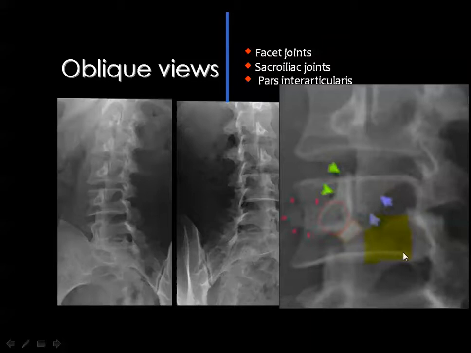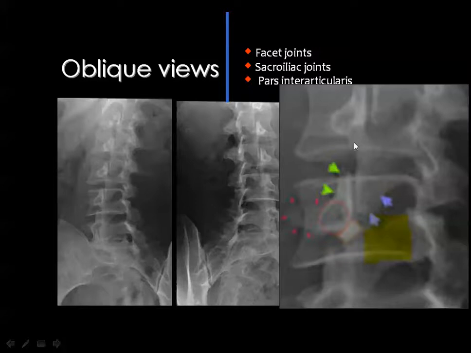As you know, this pars interarticularis corresponds to the neck of the Scotty dog. In the oblique view, you can see this is the head of the dog, which is formed by the mouth, corresponding to the transverse process, the eye corresponding to the pedicle, the ear corresponding to the superior articular facet of the vertebra below, and the neck, which is the pars interarticularis.